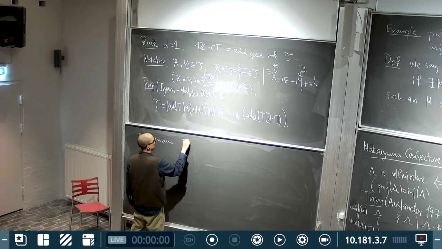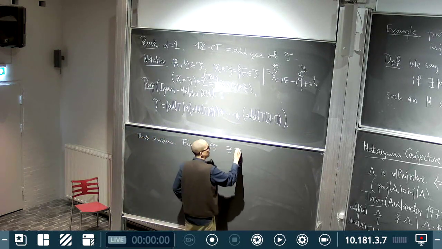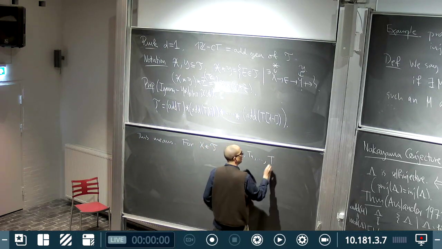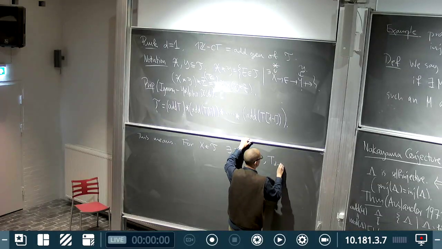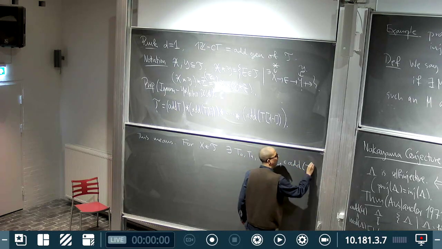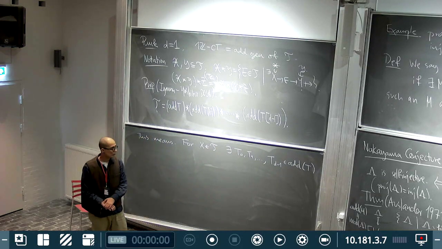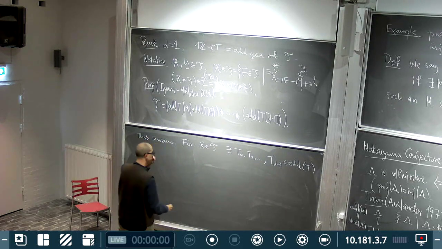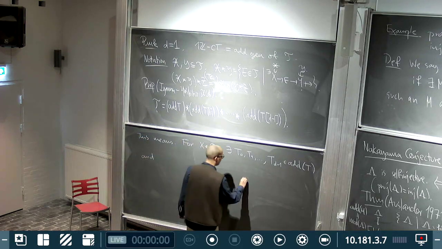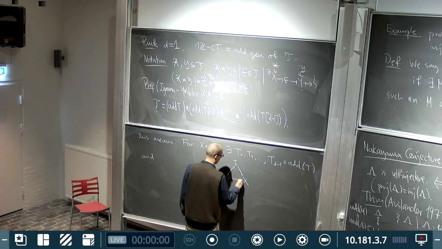This means that for any object X in T, there exist T0, T1, up to T d minus 1 in the additive closure of T, so retracts of finite direct sums of copies of T, and a diagram X, T0, and so on.